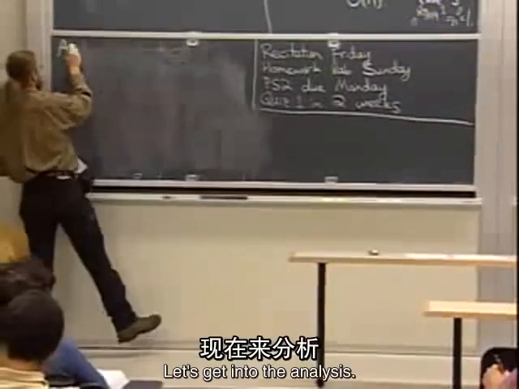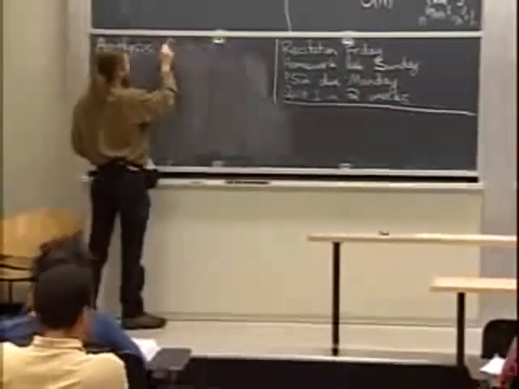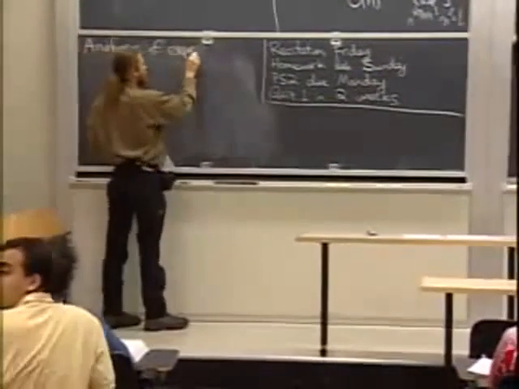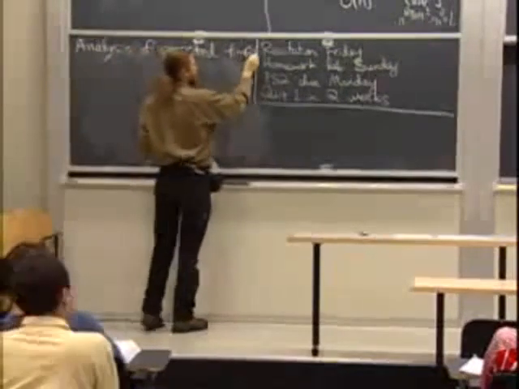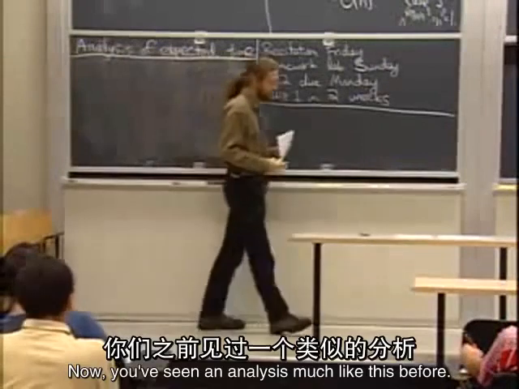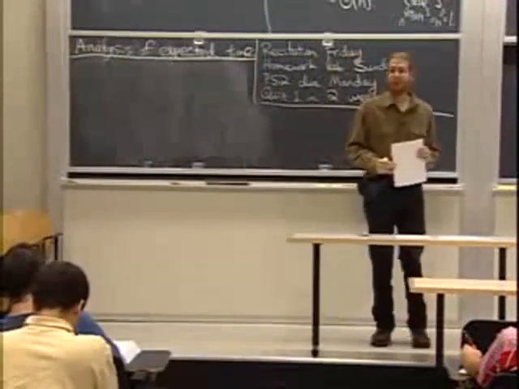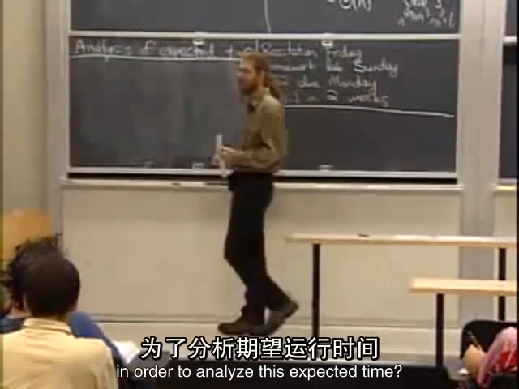Okay, so let's get into the analysis. Now, you've seen an analysis much like this before. So what do you suggest we do in order to analyze this expected time?